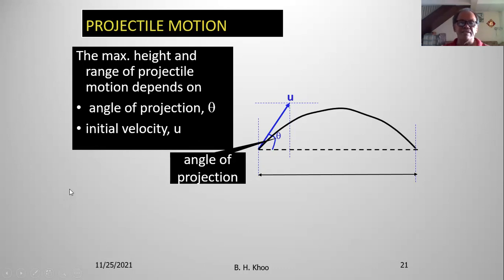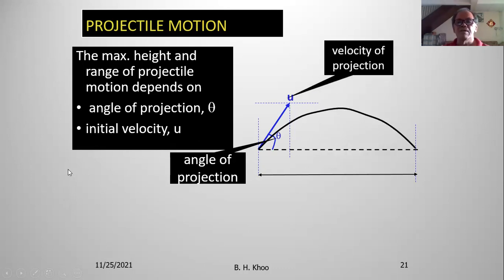These are the terms that we use. U is called the velocity of projection, or initial velocity of projection. Trajectory, the path taken by the object, is called a trajectory. We usually replace the vector with one horizontally, one vertically.